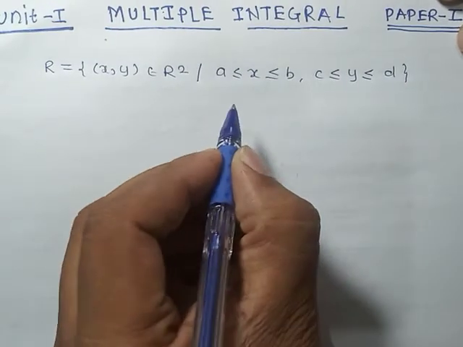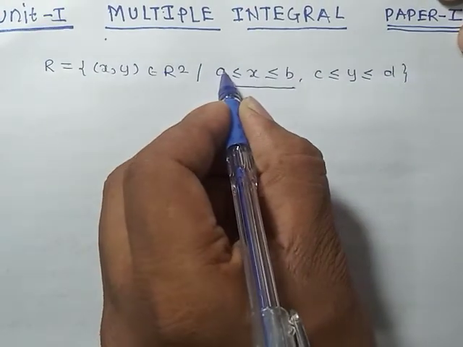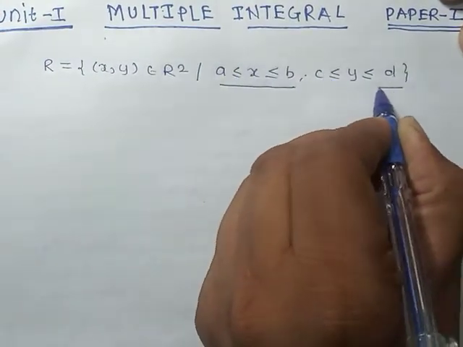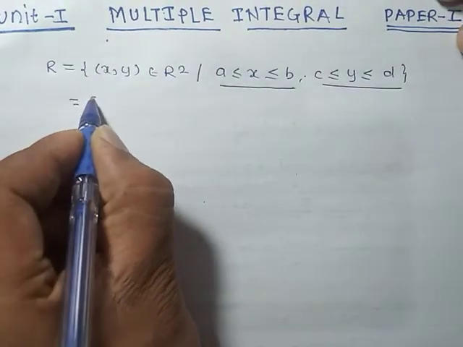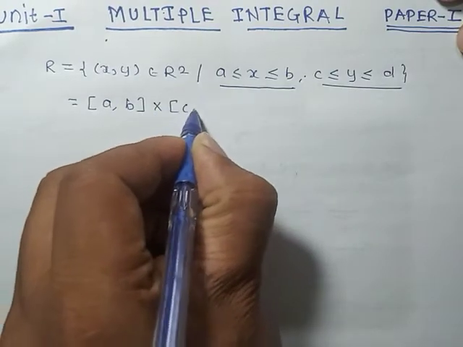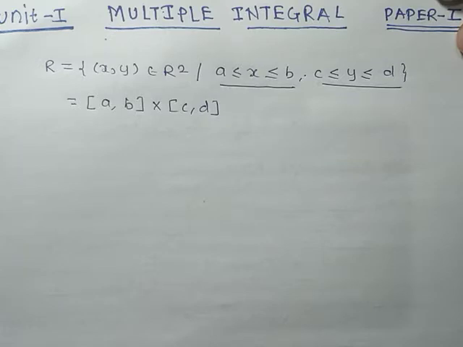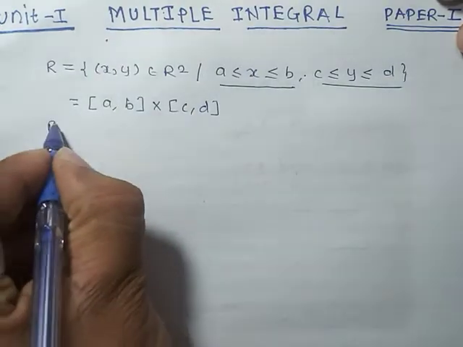So x lies in the closed interval [a, b], and y lies in the closed interval [c, d]. So this is equal to the closed interval [a, b] cross the closed interval [c, d], and it is called a rectangle.